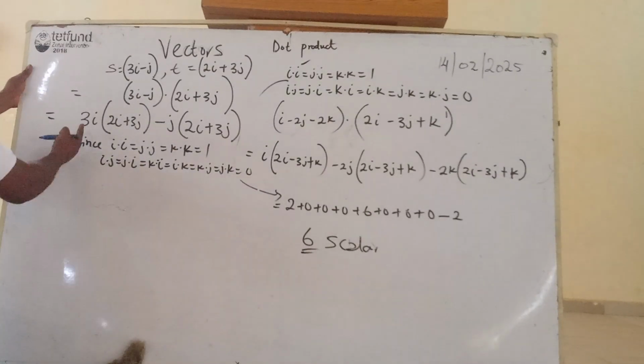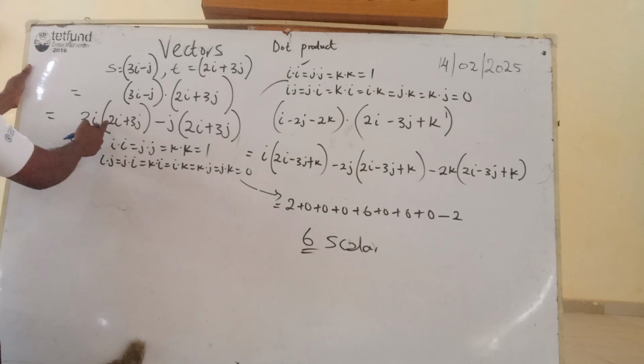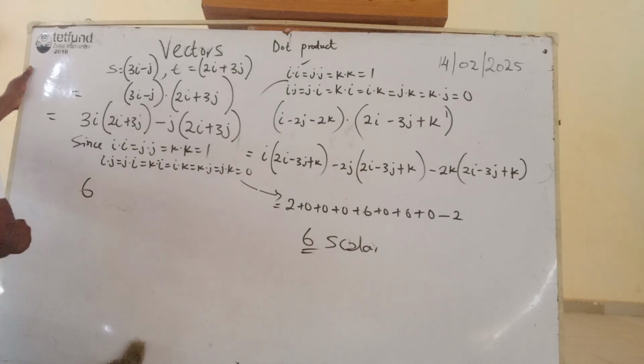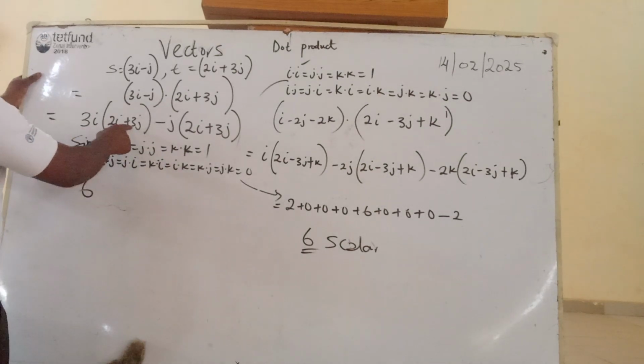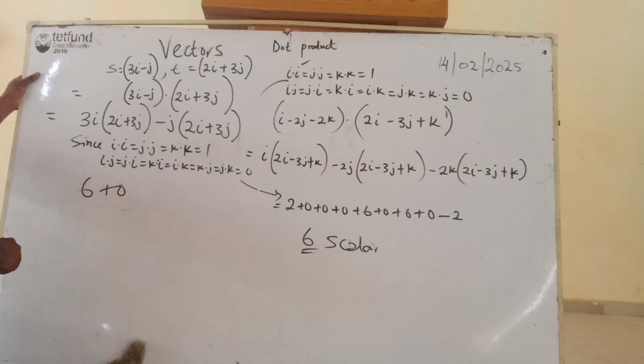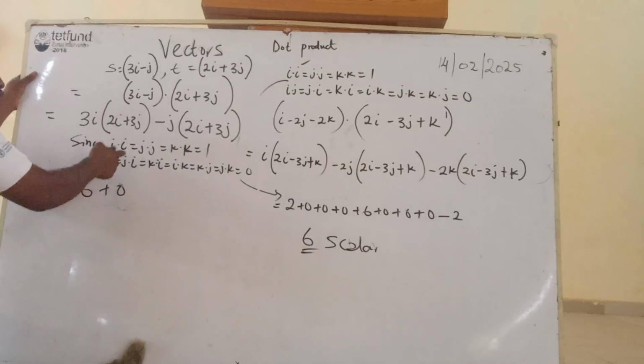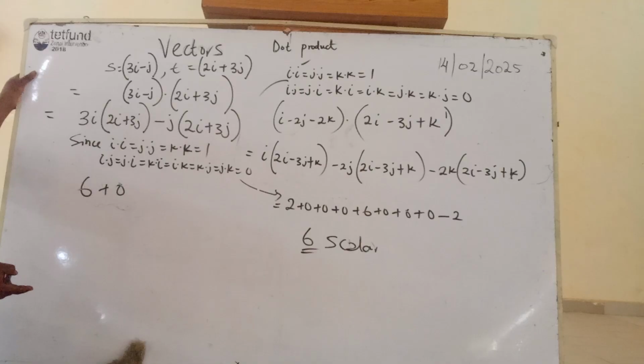So 3i multiplying 2j is going to be 0, and 3i multiplying 3j is going to be 0. If you don't give me this condition, how will I know?